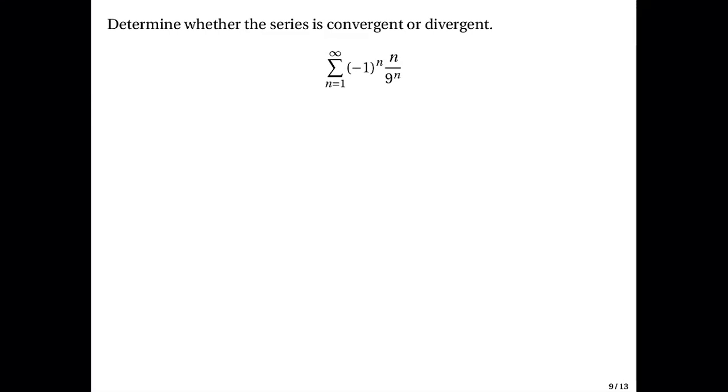So, of course, you have here n over 9 to the n, a sequence of positive numbers. So Bn are all positive.